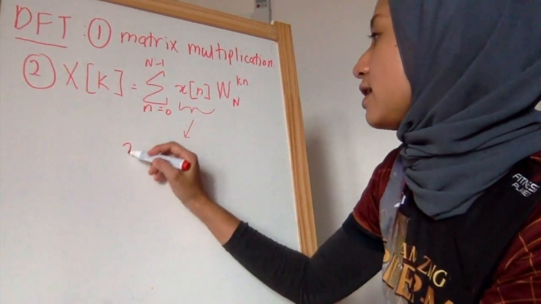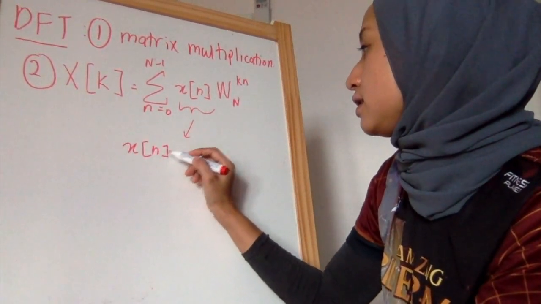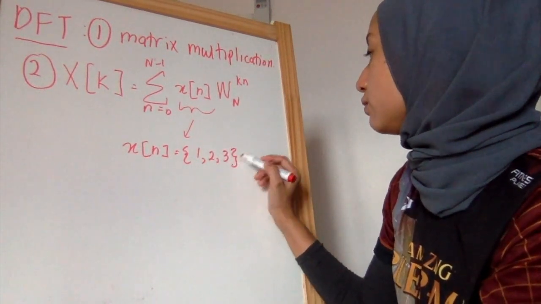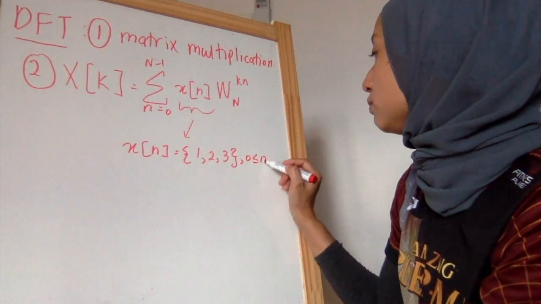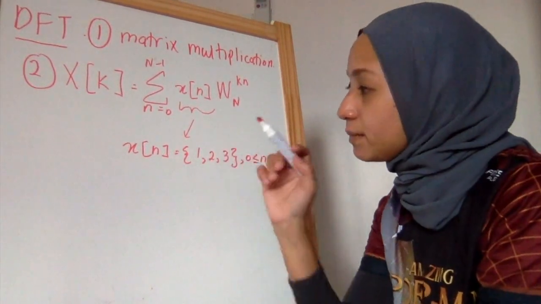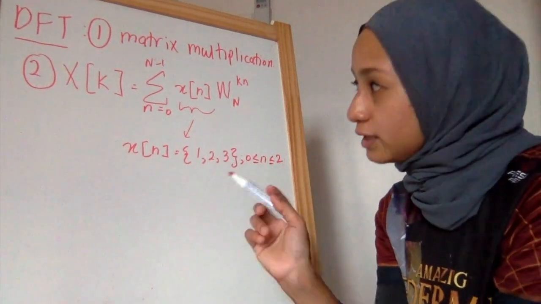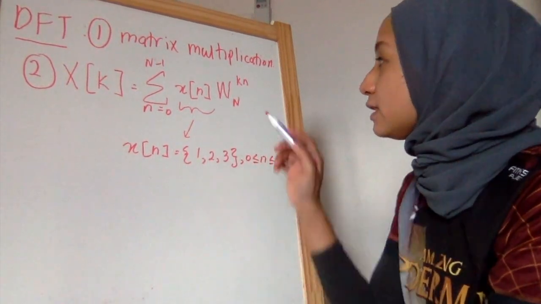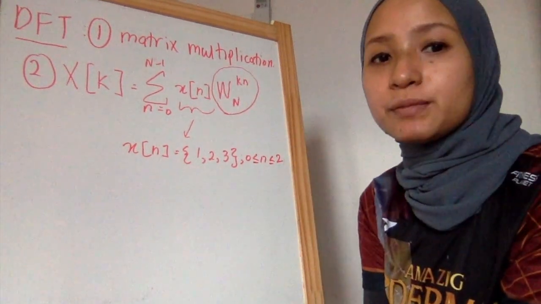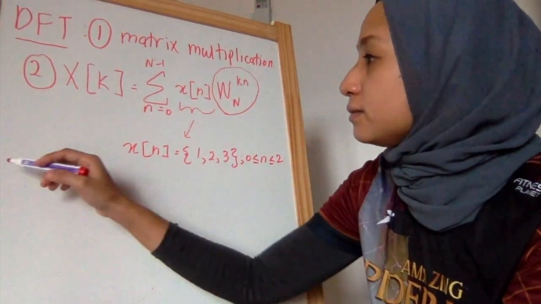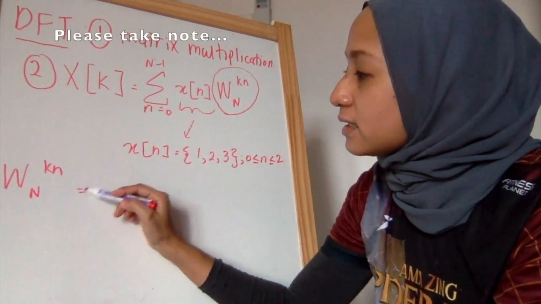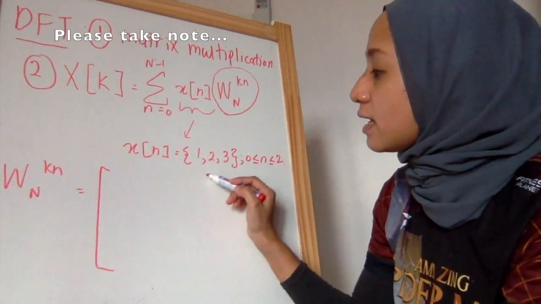Let's say your s[n] is equal to 1, 2, 3, with range from 0 to 2. So s[n] is coming from your question, so you don't have to worry. What you have to worry about is W_N^{kn}.